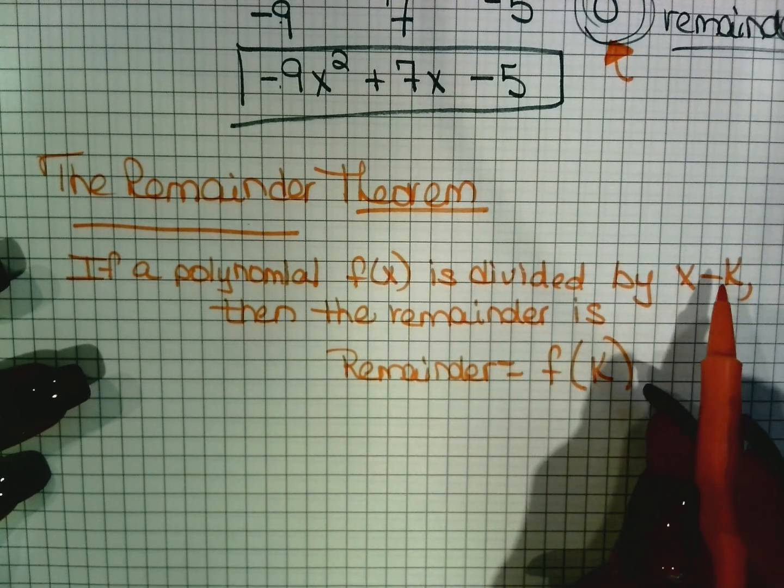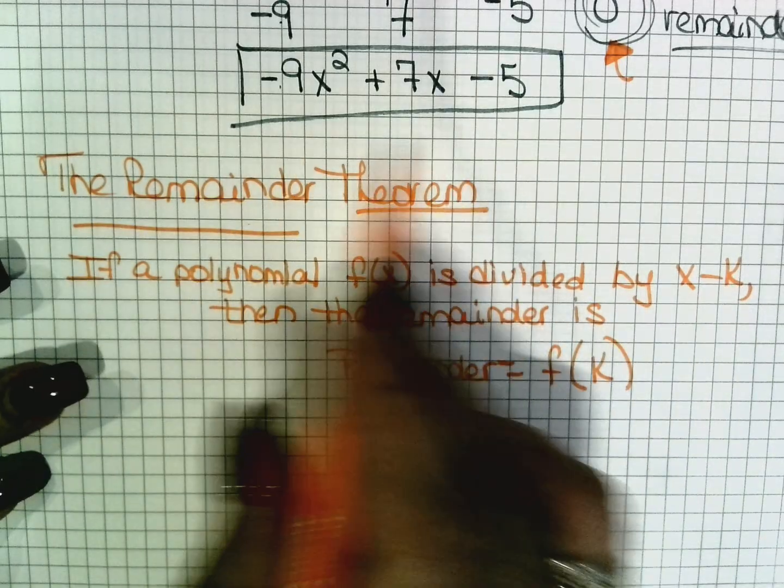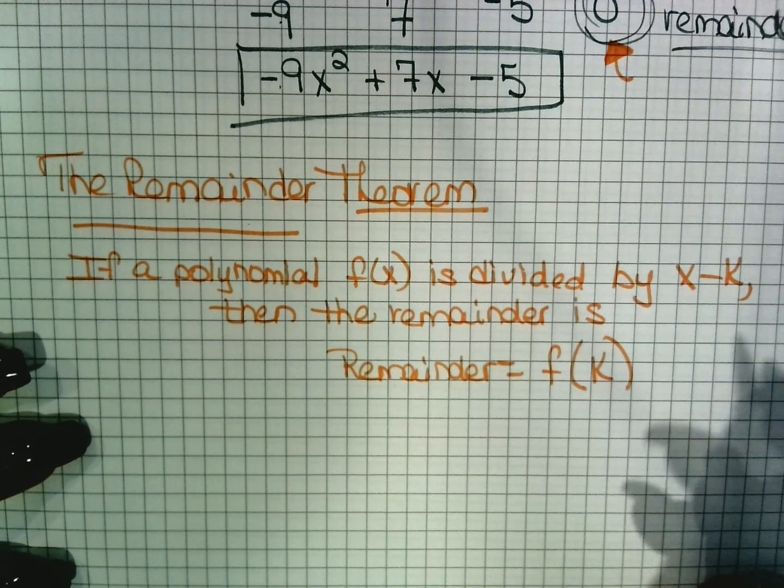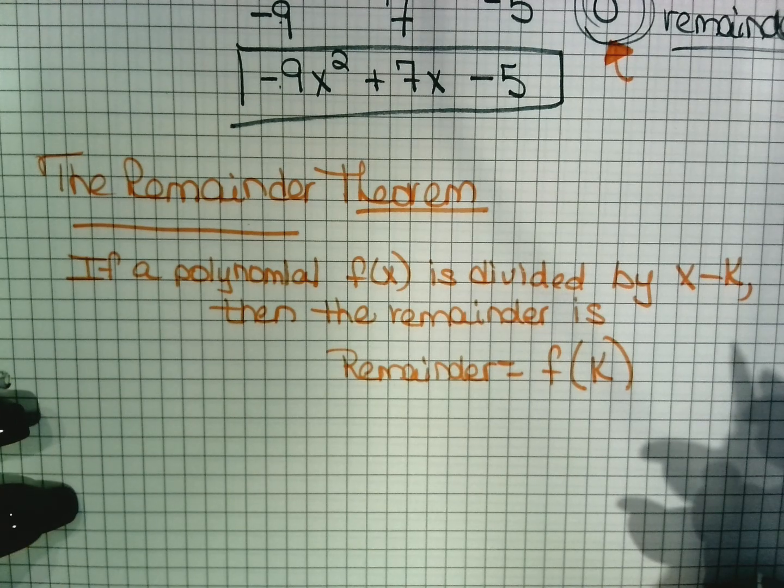So taking the value of k, putting it into the function, plugging it in, is going to give me the remainder. That's pretty cool.